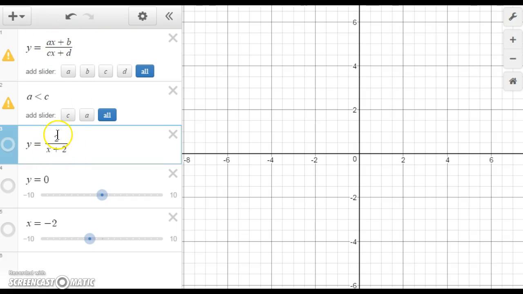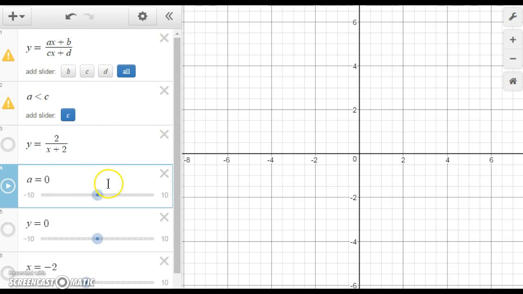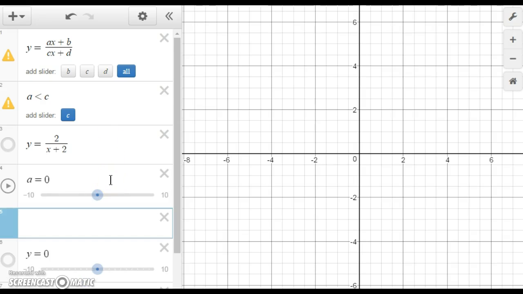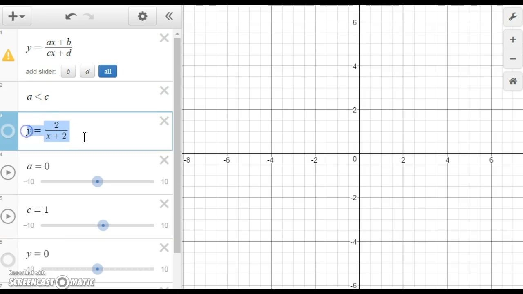I have no x in the numerator, so my a is equal to 0. Does that make sense? Let me type that down. So my a is equal to 0, and my c is equal to 1. And that will give us this expression right there.